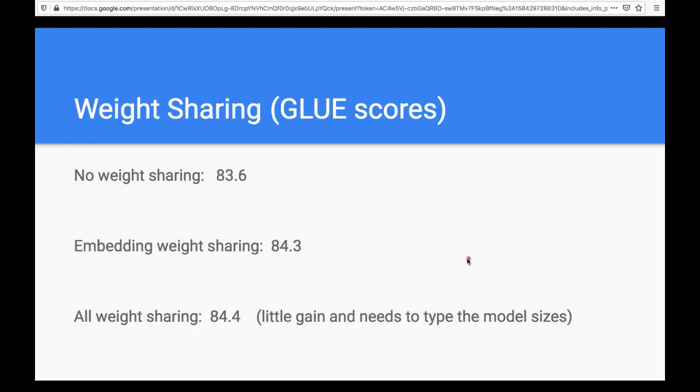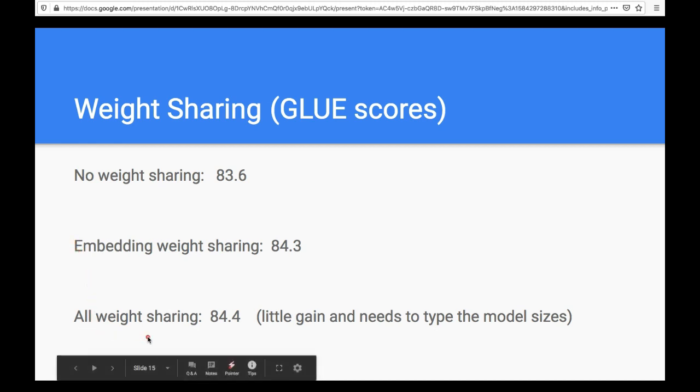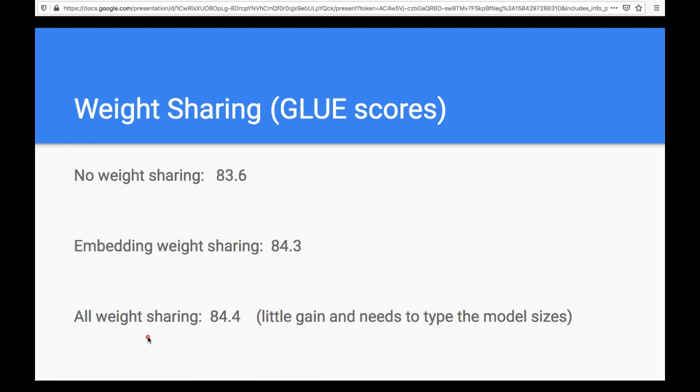There are three different levels of weight sharing. The first one is don't share any weight between them, and the second one is we only share the embedding layers between the generator and the discriminator. And the last one is to share all the weights, only the last layer is different. But in that case, it actually brings a restriction.